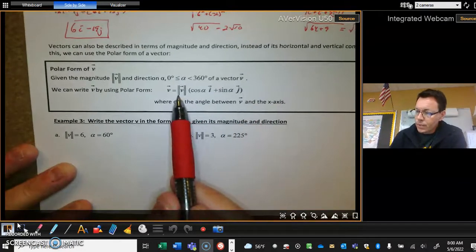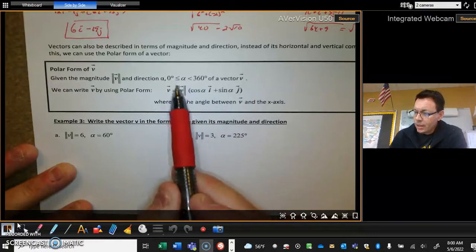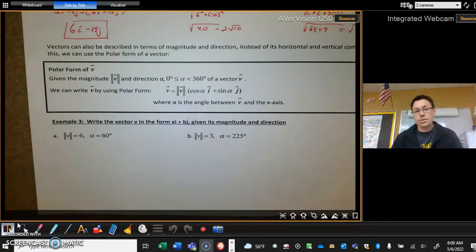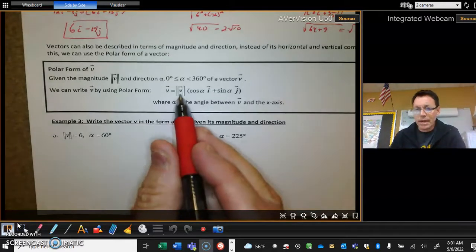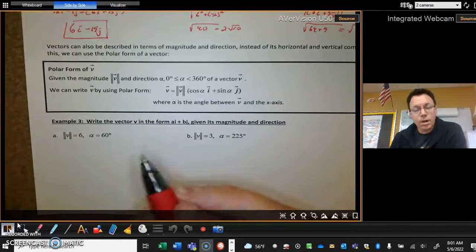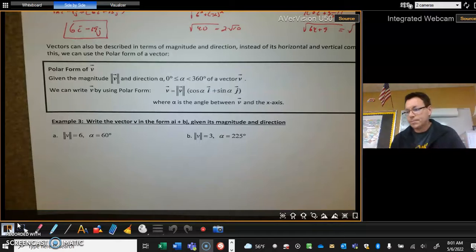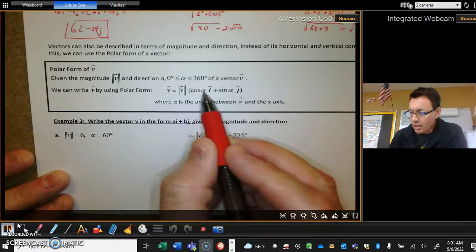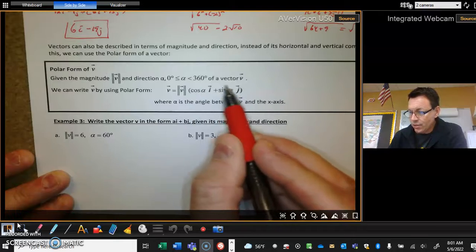So right here, this is the magnitude. That's our r that we're used to finding. What's the radius? How far from the origin? Well, that's what magnitude is. It's how far from your starting point you are. And then cosine A is your horizontal direction, and sine A is your vertical direction.